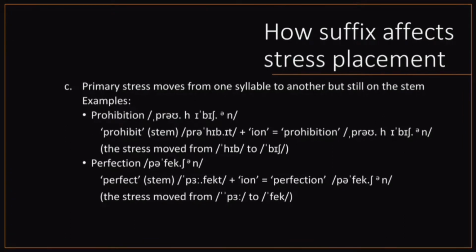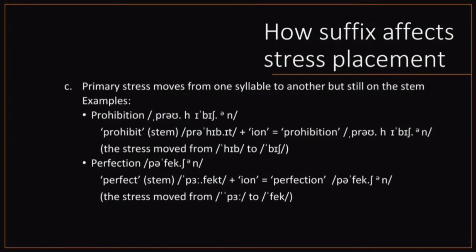The third one is primary stress moves from one syllable to another but still on the stem. Examples are prohibition. The stem is prohibit plus the suffix ion. The word became prohibition. The stress moved from hib to bi.